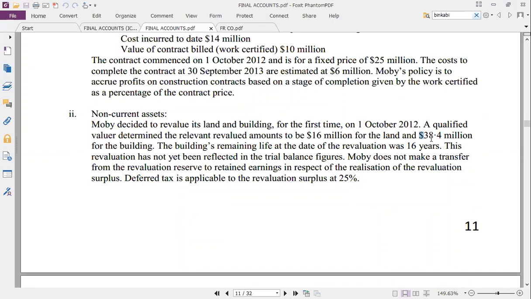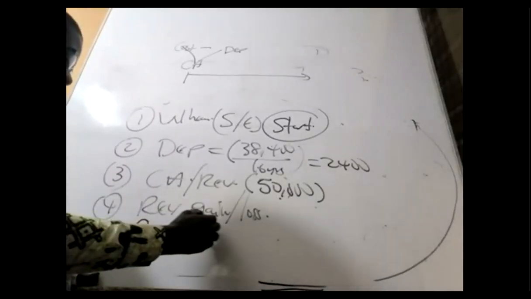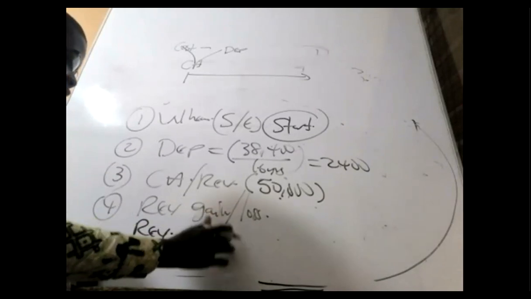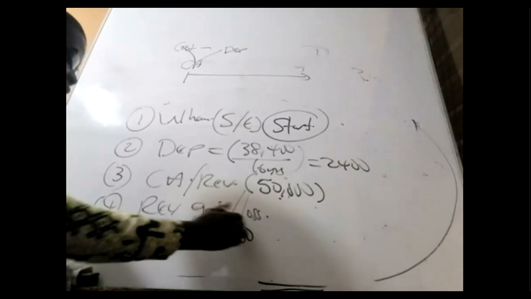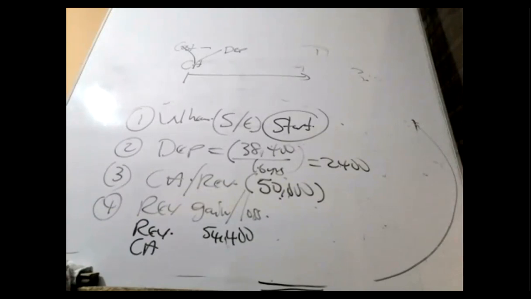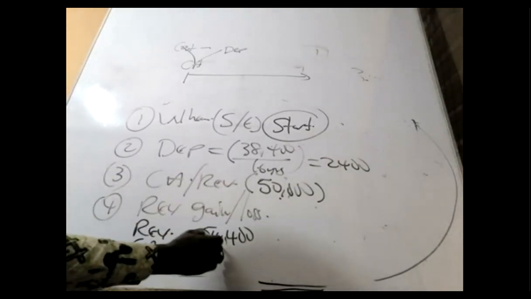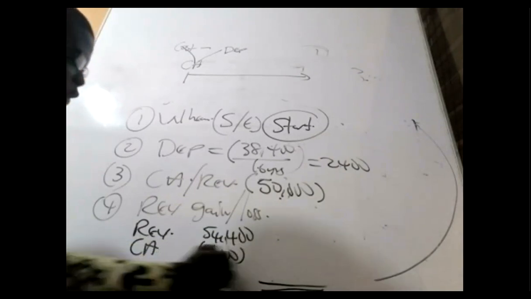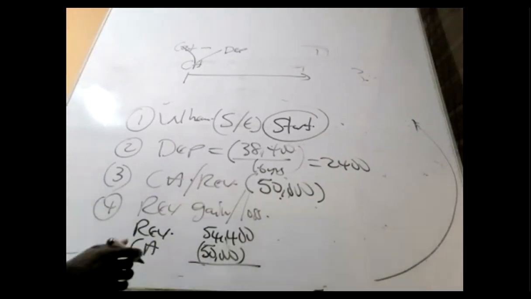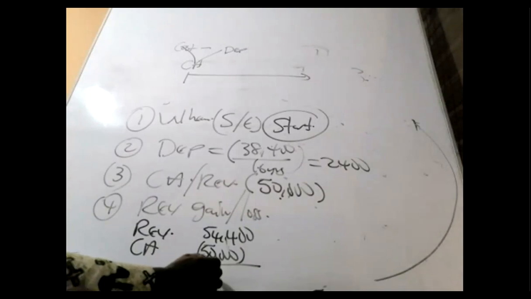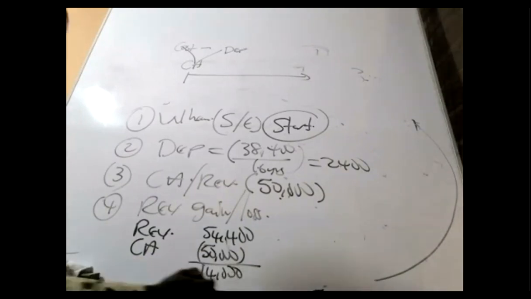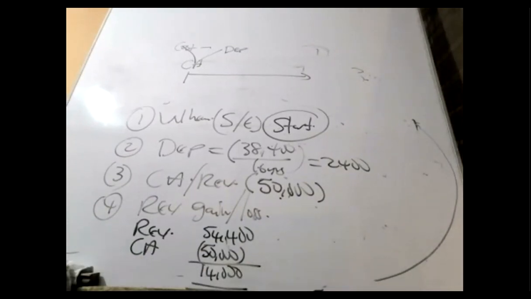The current amount here is 50,000. When I take it off, there's a revaluation gain of 14,000 Ghana cedis. That is all. We are done.